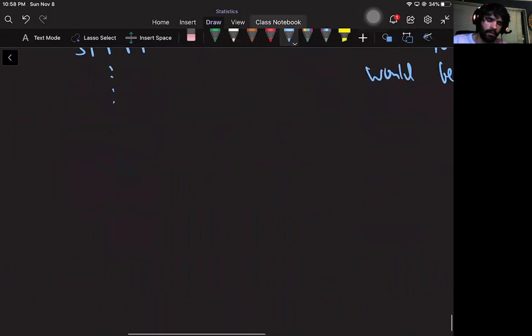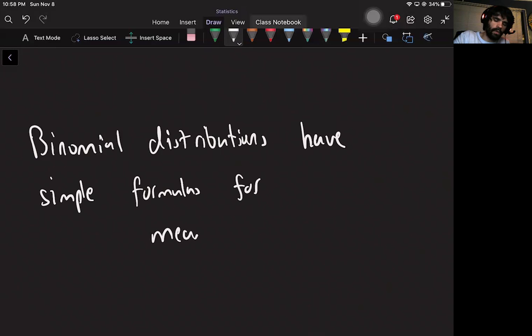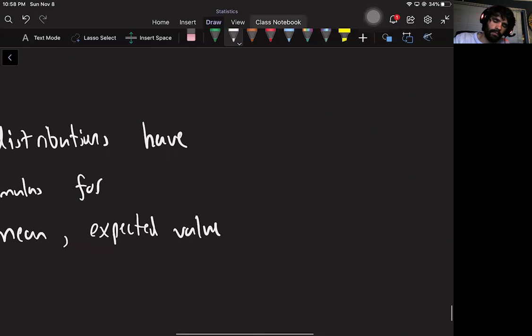So now the last thing we want to do with these, the reason that they're so nice, is the following. Binomial probability distributions have relatively simple formulas for the mean, aka the expected value. It turns out to just be n times p, where n is the number of trials and p is the probability of success.